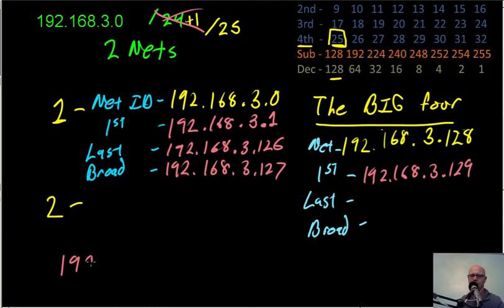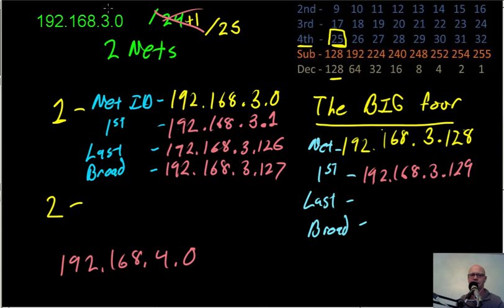So 192.168.4.0, right? Each octet in an IP address is kind of like a car odometer, except instead of going up from 0 to 9, it goes 0 to 255.